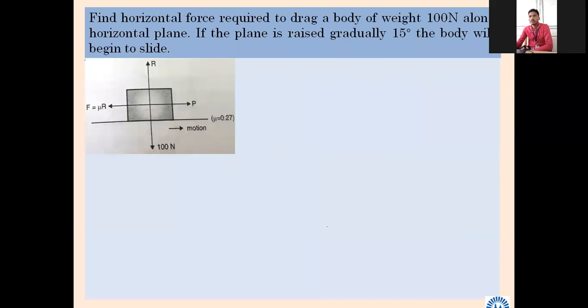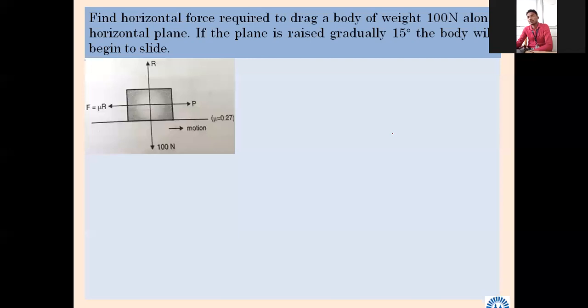Just see what is given. Anisha read. Mayuri Patil, 31. Just check. Are you in a position to read? Mayuri? Yes, sir. Find the horizontal force required to drag a body of weight 100 Newton along a horizontal plane. If the plane is raised gradually to 15 degrees, the body will begin to slide. Okay. Thank you for reading the problem statement.